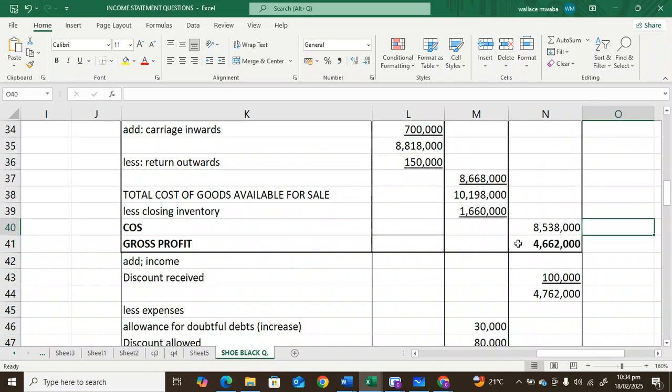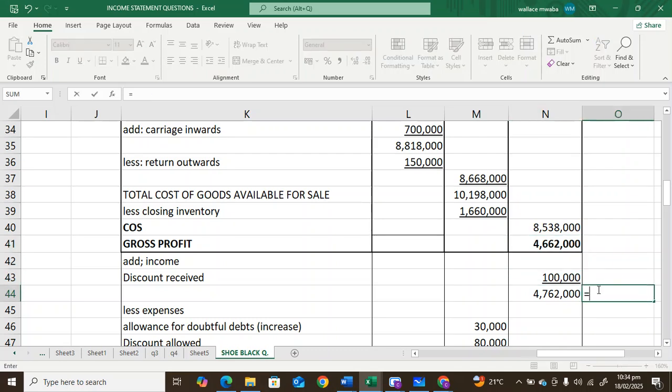There is no other form of income. Okay, so you add 4,662,000 plus 100,000. Okay, 4,762,000.